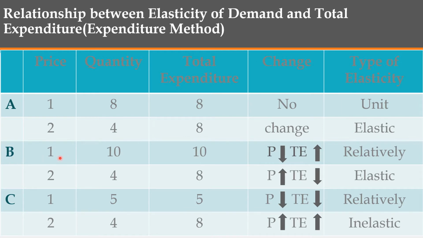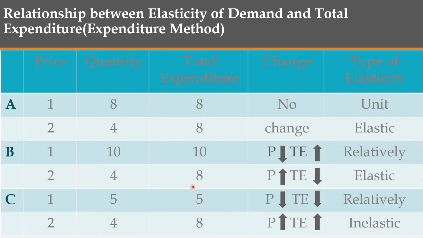Let's look at the next good, B. When the price of good B is rupees 1, the quantity demanded is 10 units. The total expenditure on good B at that price is rupees 10. See, for example, the price of good B rises to rupees 2. In that instance, the quantity demanded reduces to 4 units. 2 into 4 is 8.